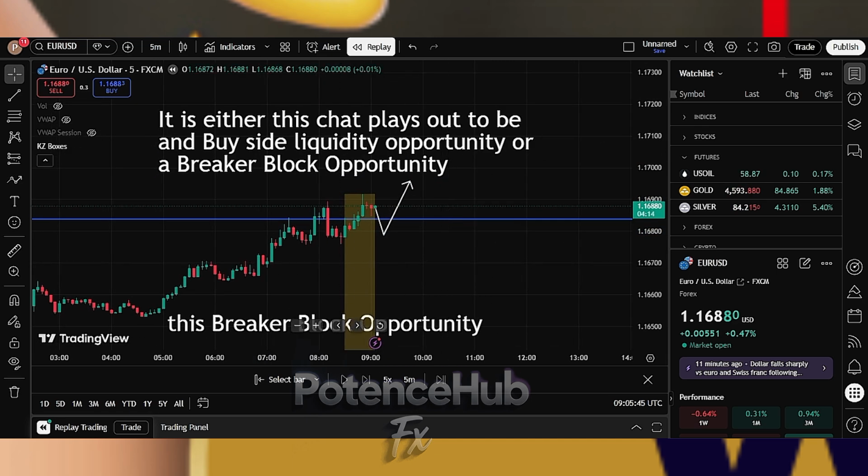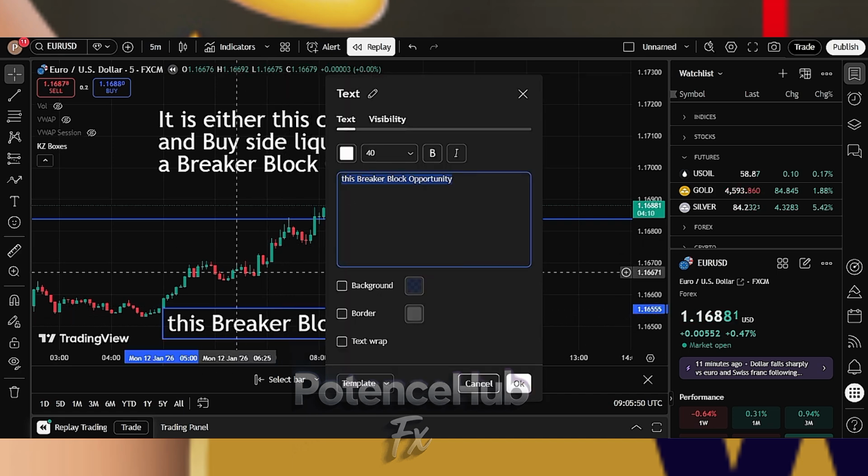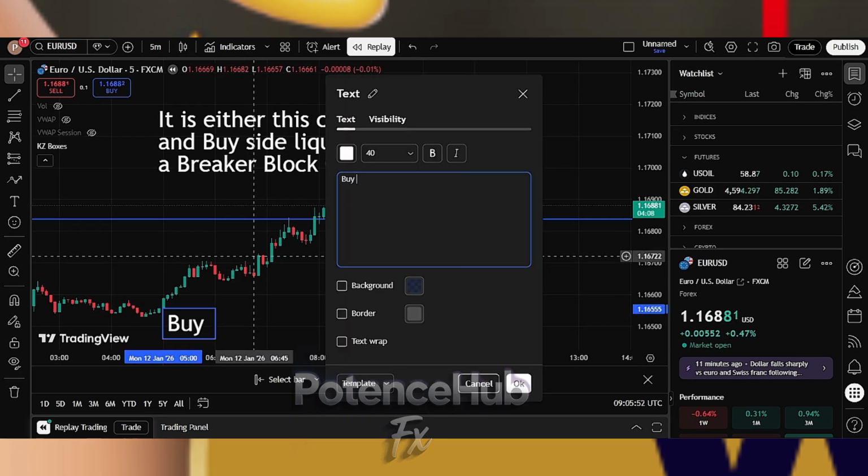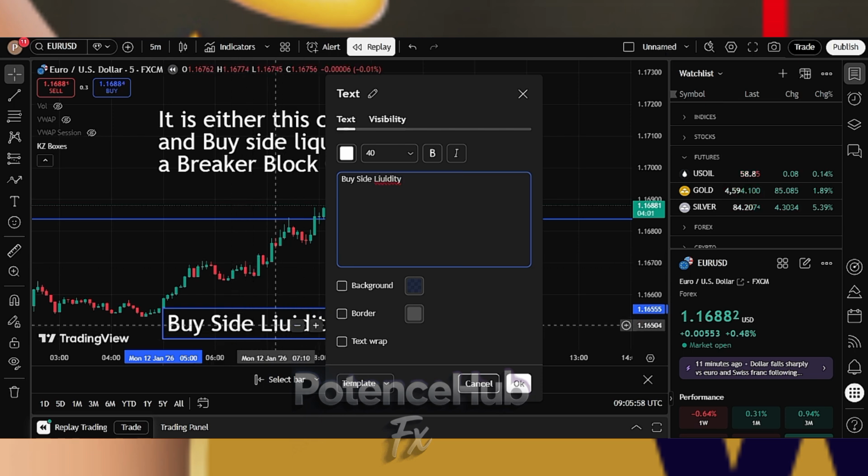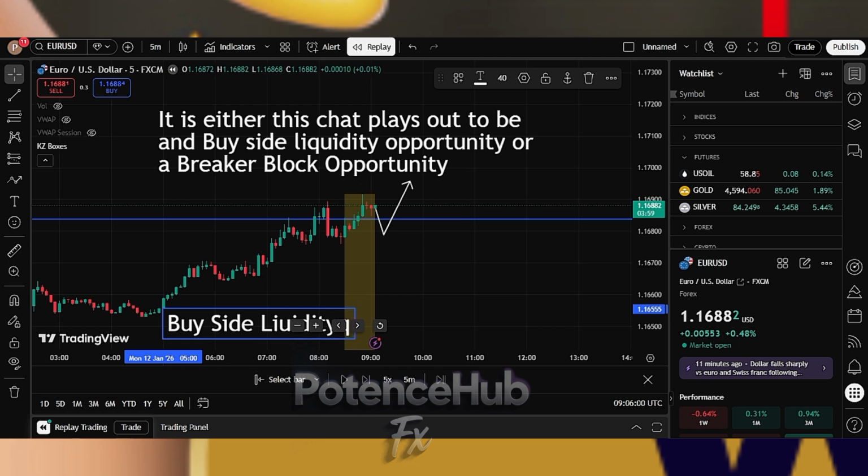Pretty much simple. We just wait for price to retrace to that particular level, and then form that liquidity for us, and then it becomes a push for us to the upper side. So we'll be positioning ourselves for that buy side liquidity in anticipation.